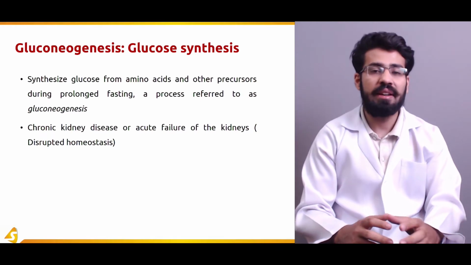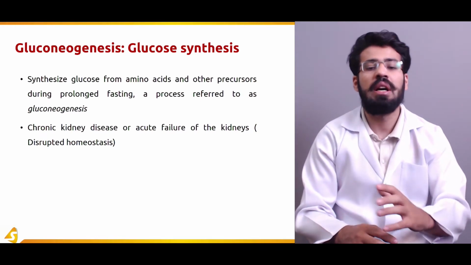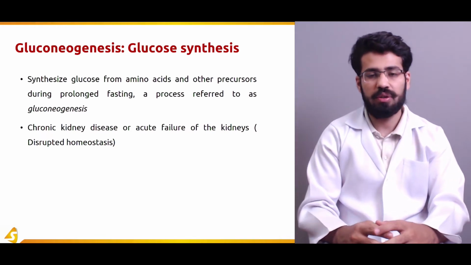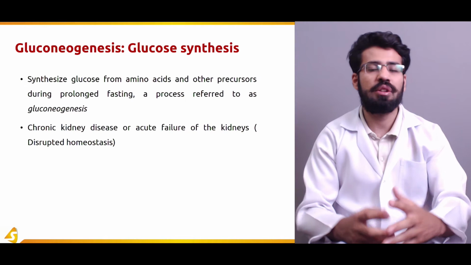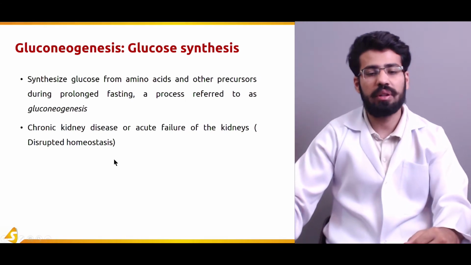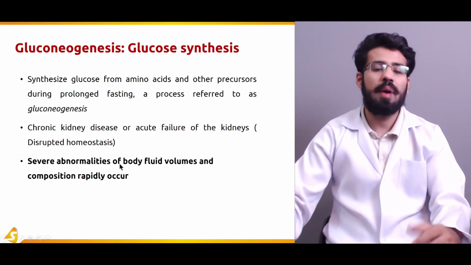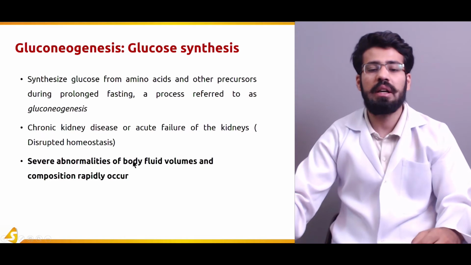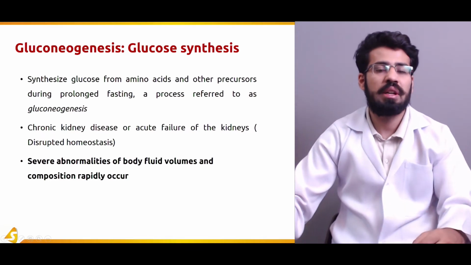Now, chronic kidney disease or acute failure of the kidneys disrupts homeostasis, and as a result gluconeogenesis does not occur, resulting in the various abnormalities we are going to discuss. So several abnormalities of the body volumes will occur, and the composition will change, of course, over a period of time.